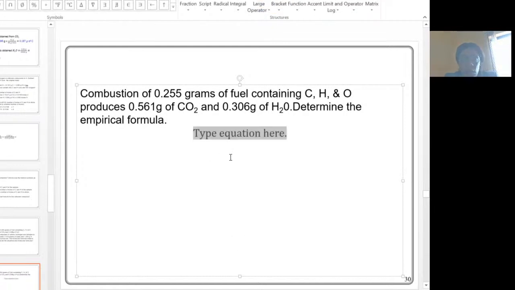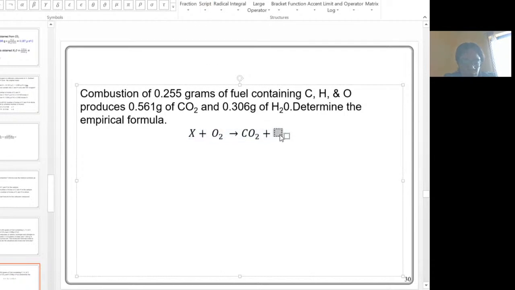So compound X is reacting with oxygen, so that's basically combustion, to give you carbon dioxide plus water.